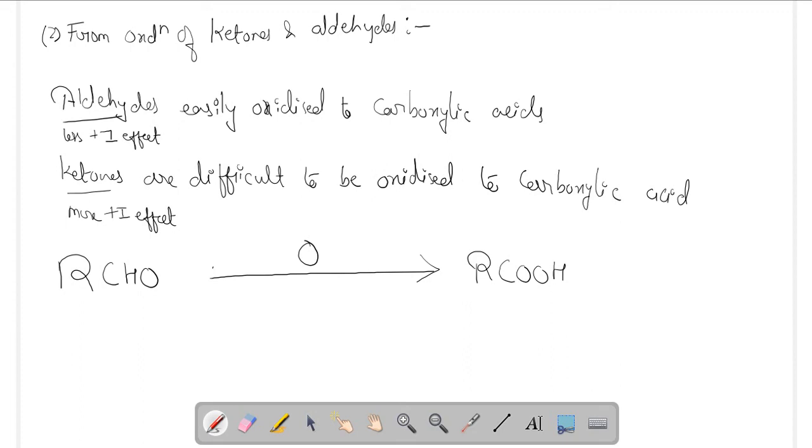Okay, so here mild oxidizing agents can also be used, such as Tollens reagent. We can use Tollens reagent, which is a mild oxidizing agent which can produce carboxylic acid here.